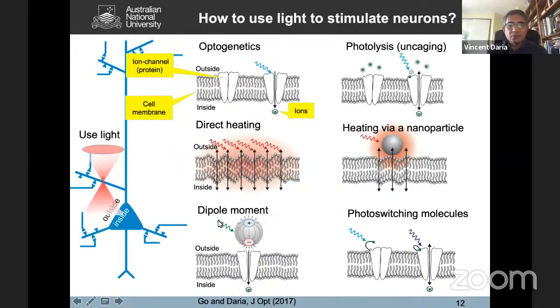You can change the magnetic field around the protein, and then allow ions to go into the cell, something like this, if you have this magnetic particle that would have some kind of dipole moment. Or you can use photoswitching molecules. We've summarized all of these techniques in a review article we published in the Journal of Optics. You can have a look at that if you're really interested. But what I'll show you today is the technique we use, which is photolysis.